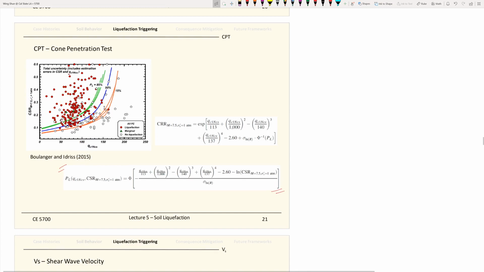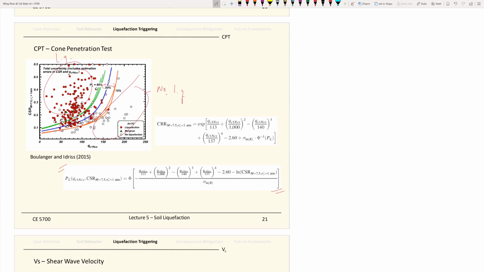So again, if you know your CPT values, this chart demonstrates a binary classification where above the curve, liquefaction is expected to happen, and below the curve there's no liquefaction. Between those are the marginal cases. So you need a further examination of how likely liquefaction will happen.